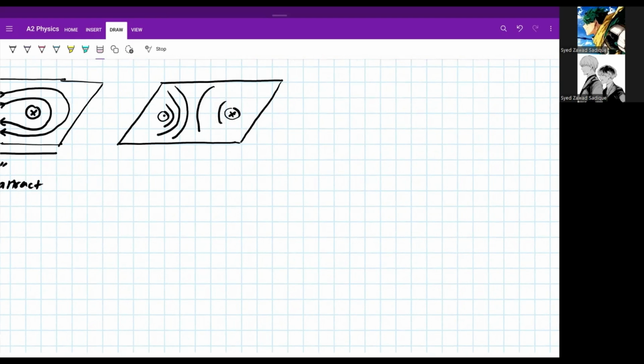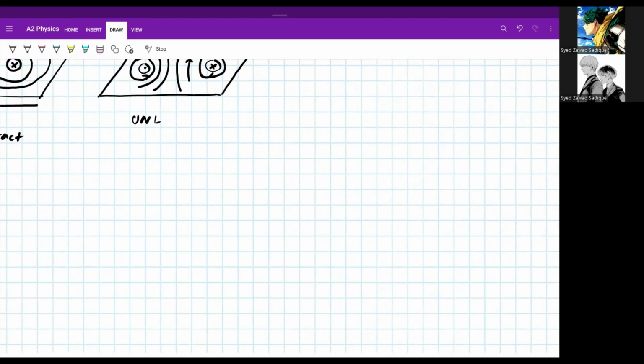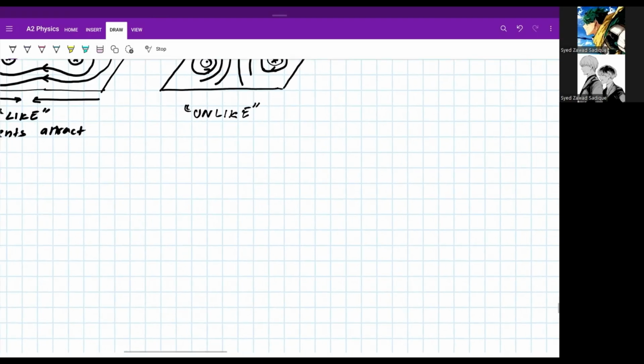So the forces of attraction on this one, they're going opposite to each other. So we can say, unlike currents attract.